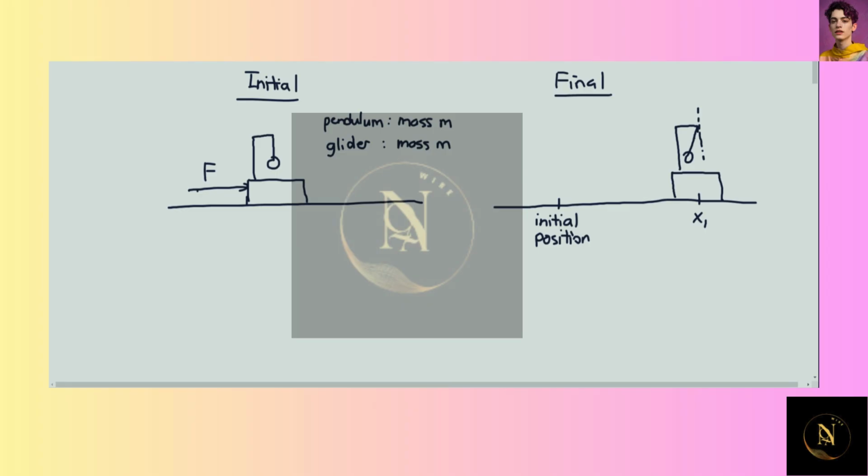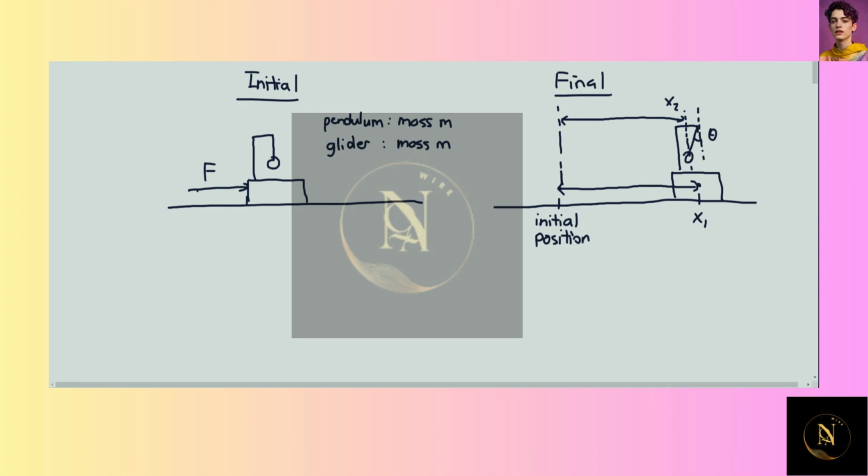Just before the force is removed, the pendulum would swing in this manner, so this is our x2. x1 and x2 are measured from the initial position to the center of that object.